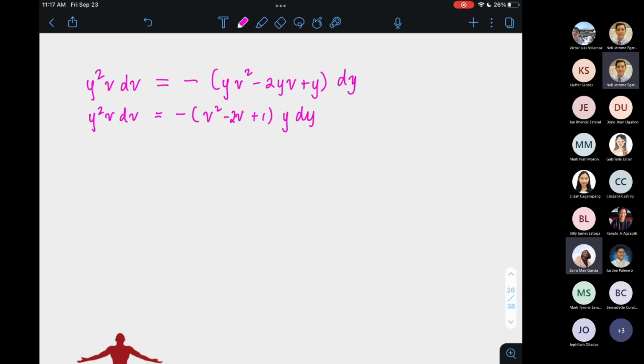Okay? And then separate. So, we'll have v over (v squared minus 2v plus 1) dv equals negative y over y squared. So that's y to the negative 1 dy. Okay, I think this is good.